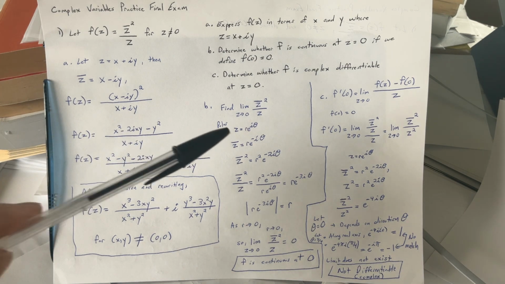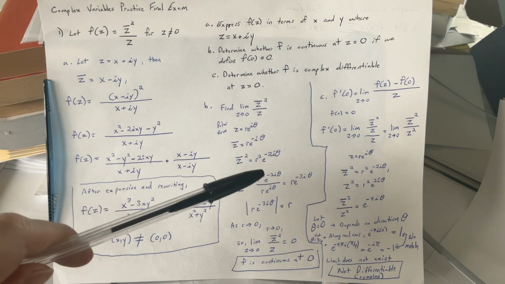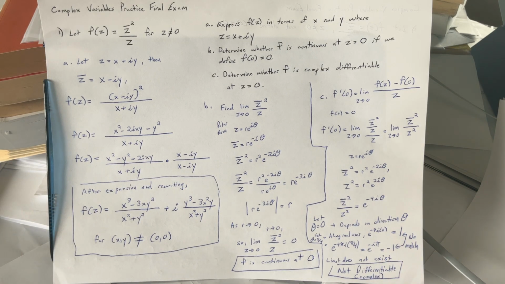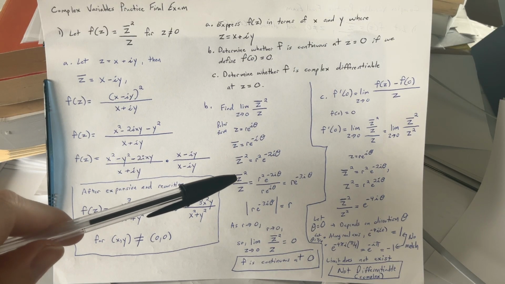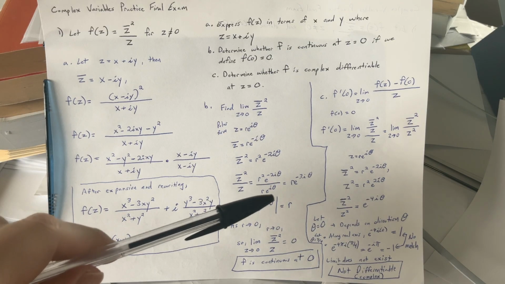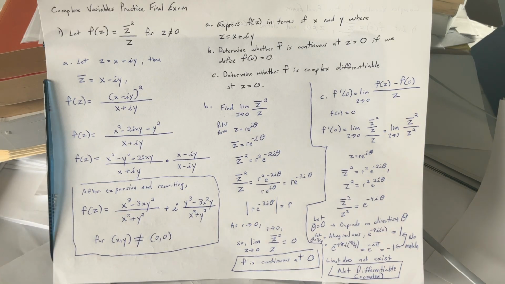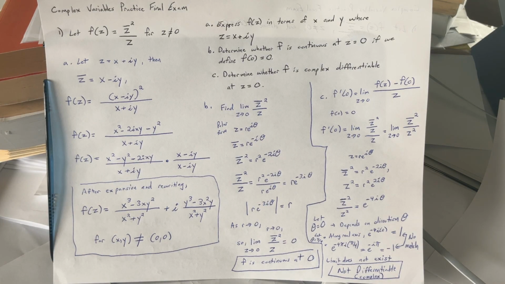Change this to polar form, so z is re to the i theta, z bar is re to the negative i theta, so z bar squared is r squared e to the negative 2i theta, and then we're going to get z bar squared over z, r squared e to the negative 2i theta over re to the i theta, that equals re to the negative 3i theta.